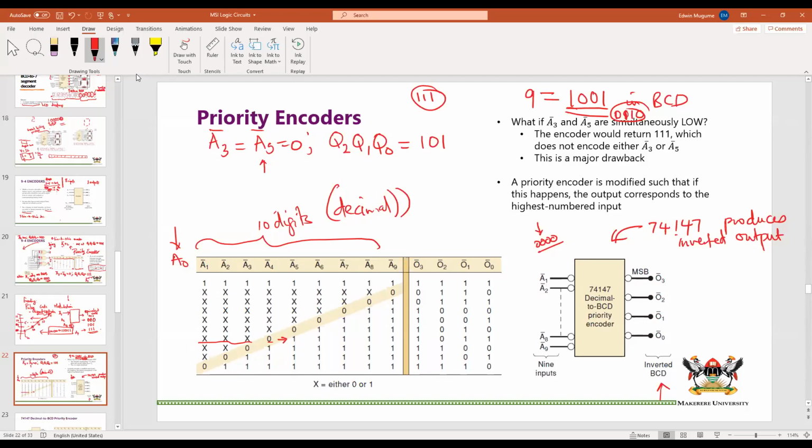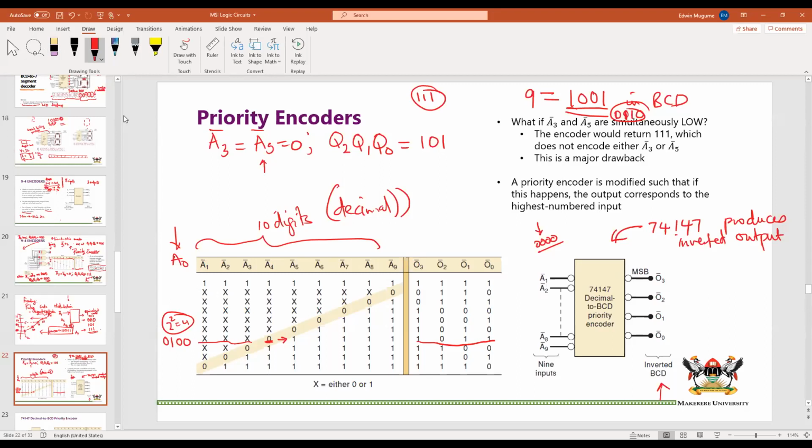So in the case of, for example, A4, what is the code for A4? It is 0, 1, 0, 0, because that's 2 to the power 2, which is 4. Right, so let us look at the code here.